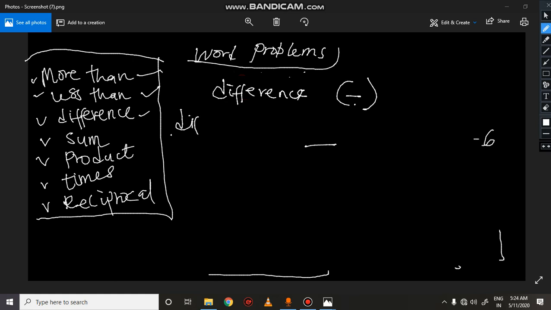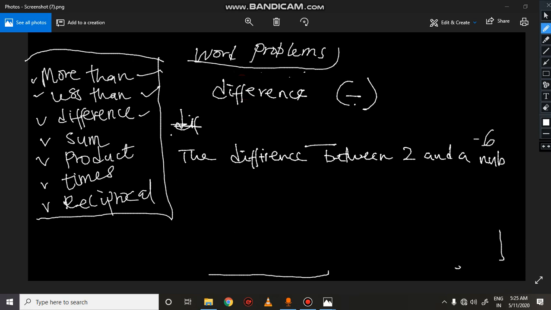Let me write it completely. So maybe the difference between 2 and a number is 5. You have to take note of this. The moment you reach difference, you write your minus.